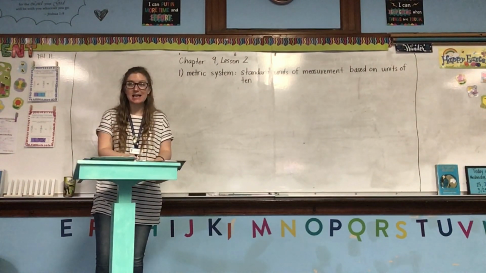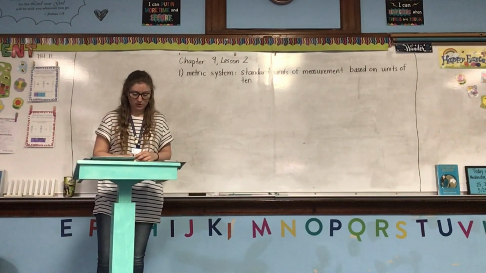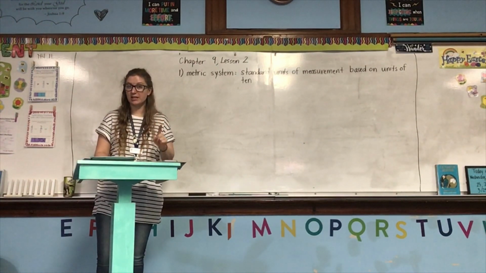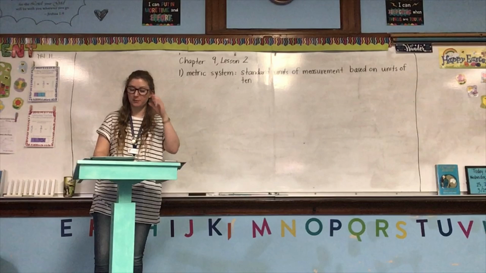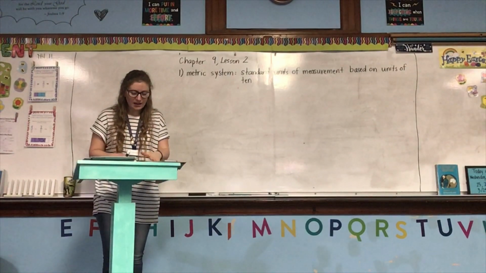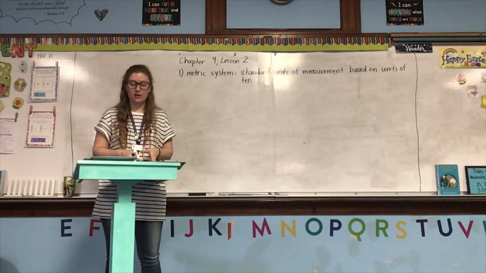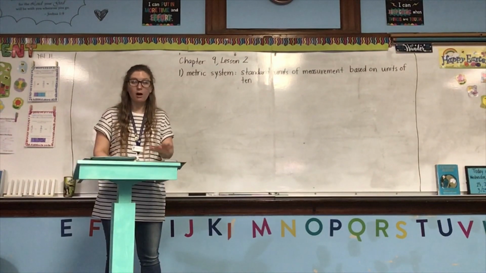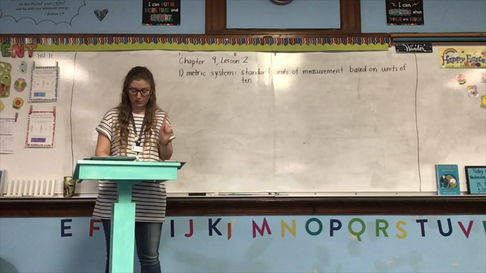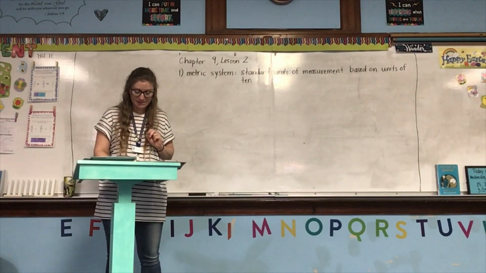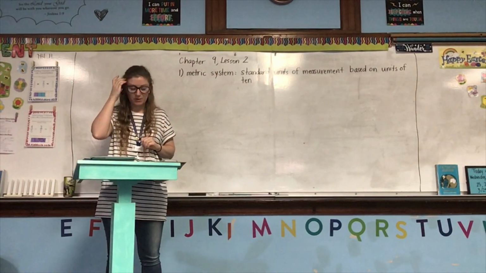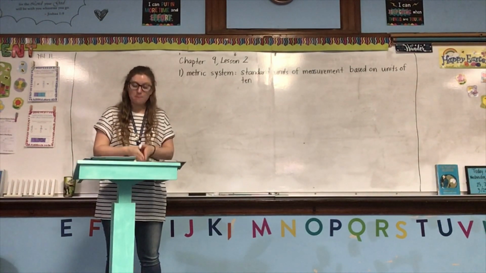So let's look at this diagram at the bottom of page 422. Make sure you're paying attention to this because you may see it in a little bit. So in this diagram or this table, all the way on the left we have the metric units. We have 1 centimeter, 1 decimeter, 1 meter, and 1 kilometer. And in the middle we have the amount.